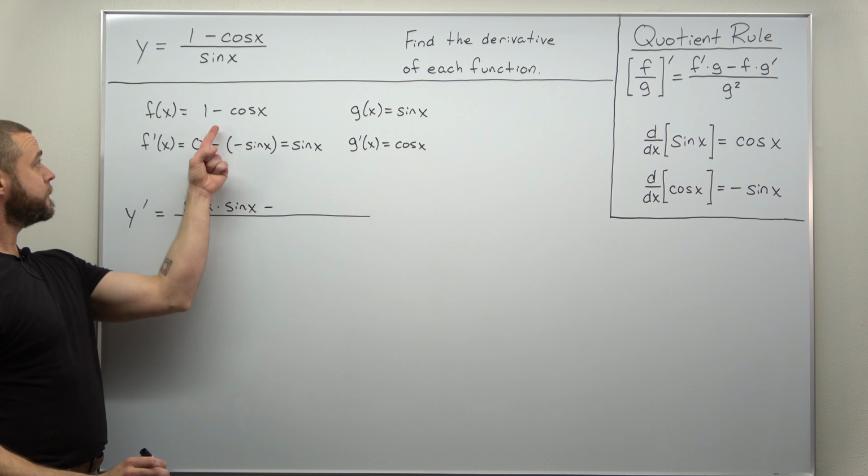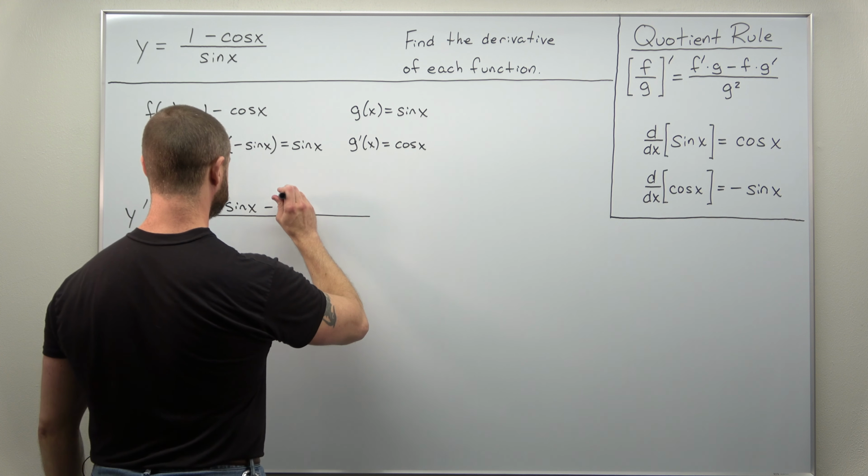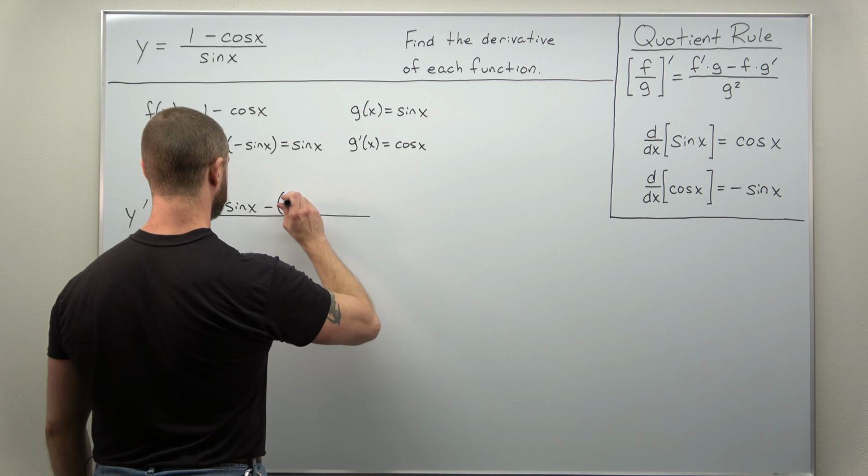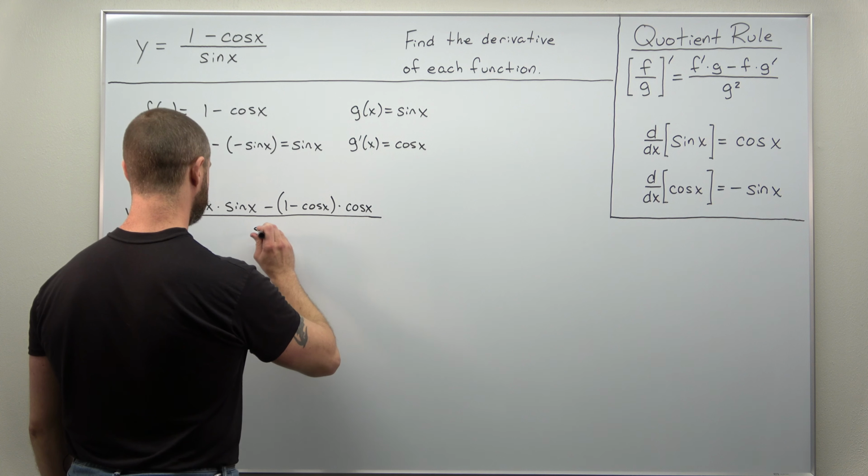And then minus f of x, use parentheses, 1 minus cosine of x. And that multiplies g prime, which is cosine of x. All right, and that's all over g squared, and we're just going to write that as sine squared of x.